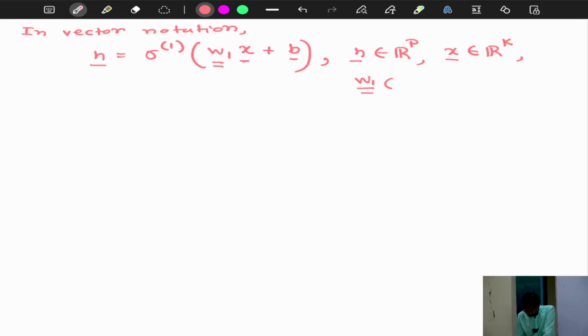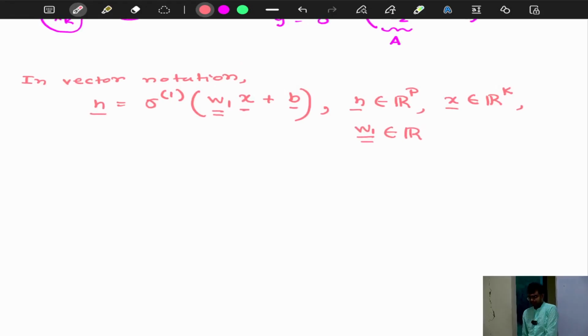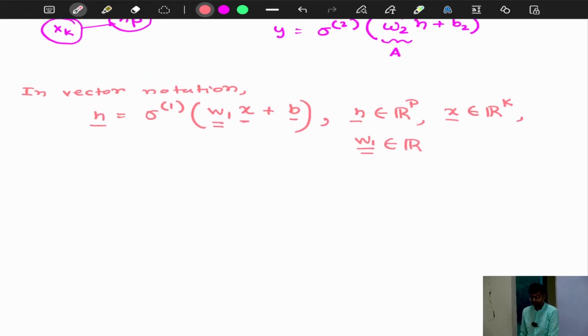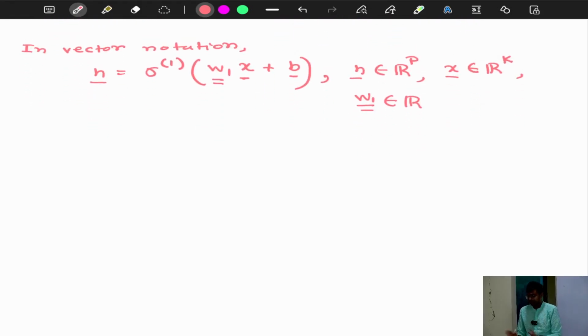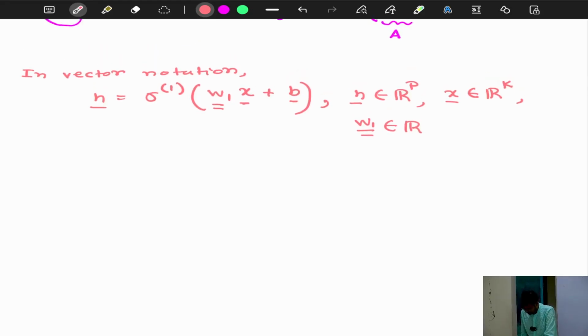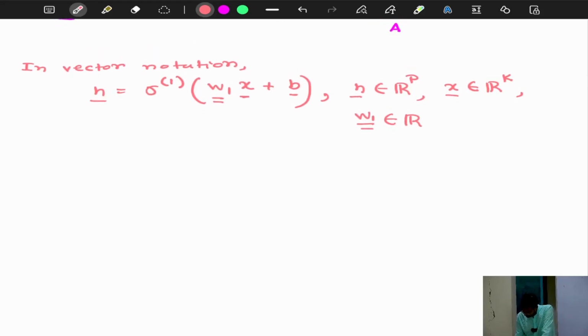It's a matrix. So R, K, H is what? P. So P cross K. If I write W1 transpose, I mean some books write W1 transpose, some books write W1. So depending on it, it will be P cross K or K cross P. Both are used. I am writing W1. Why should I write one additional transpose? But yes, this is P cross K.